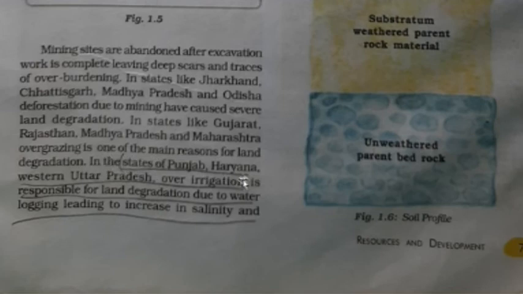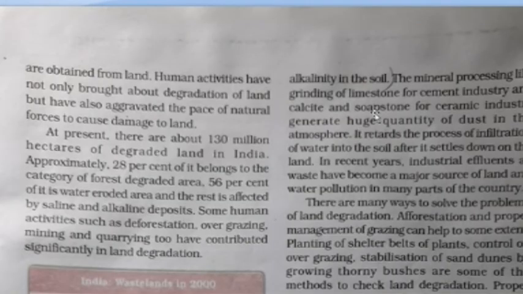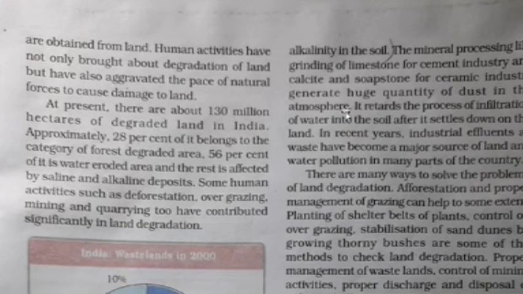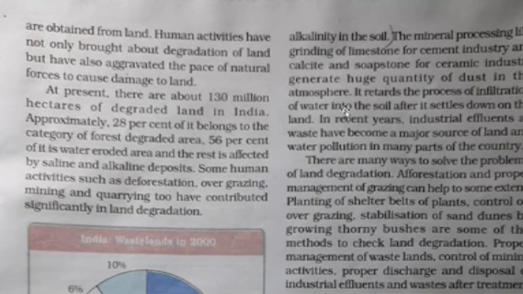In the states of Punjab, Haryana, and Western Uttar Pradesh, over-irrigation is responsible for degradation due to water logging, leading to an increase in salinity and alkalinity in the soil. So excessive agriculture is also causing degradation of land.